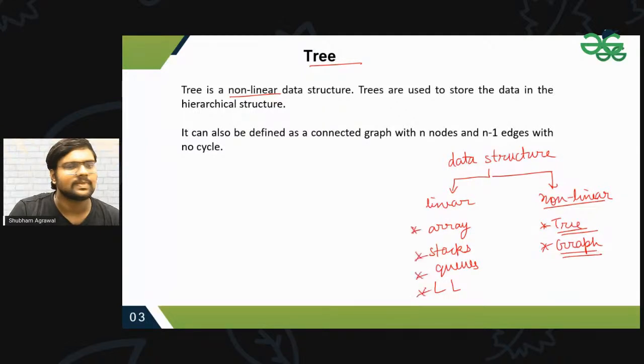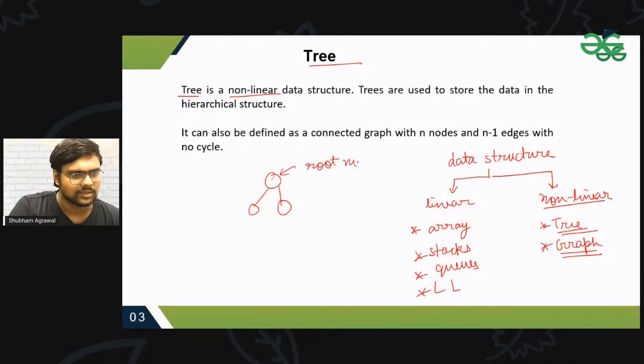A tree is a non-linear data structure, so the nodes are not in sequential order; they are in some non-linear fashion. A node can be connected to two or more nodes. If it is the root node of a tree, which I will explain shortly, it can have two or more children, even four children.